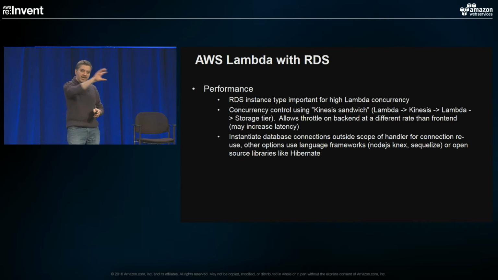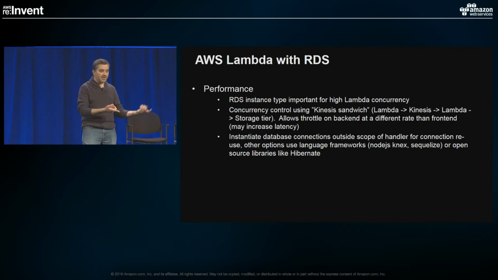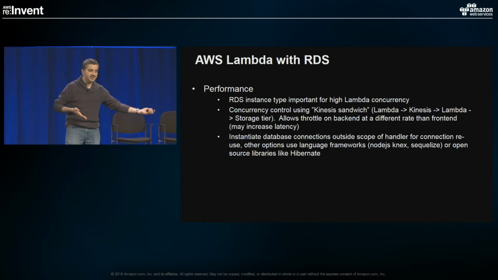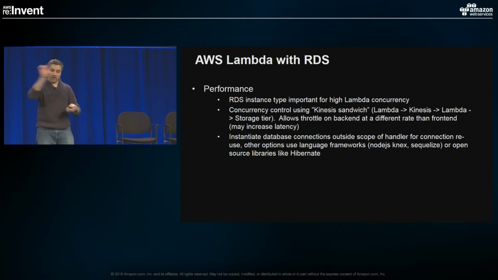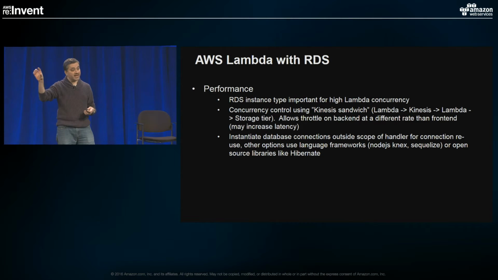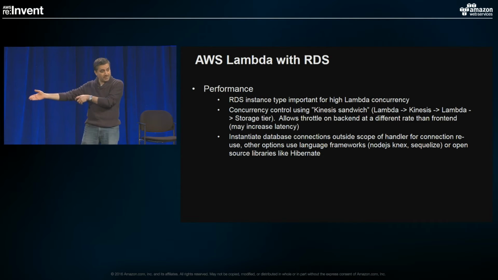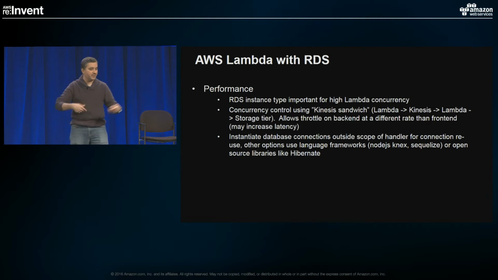That way, the connection is maintained for subsequent reuse. Especially if you are invoking the Lambda function multiple times in a matter of a few minutes or seconds, the connection pool or the database connection is maintained from the Lambda function to the backend database. That way, it does not have to go through the connection process every time.